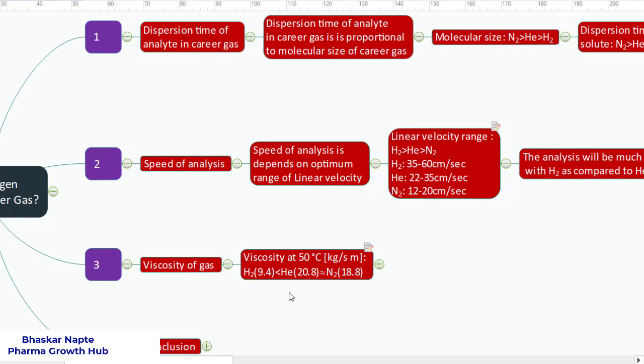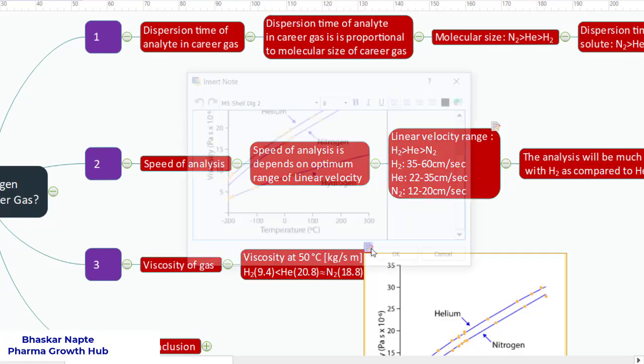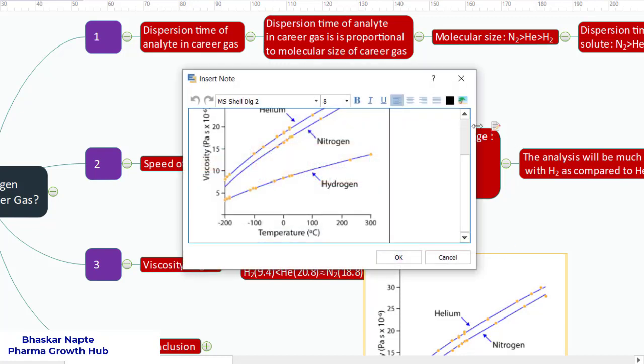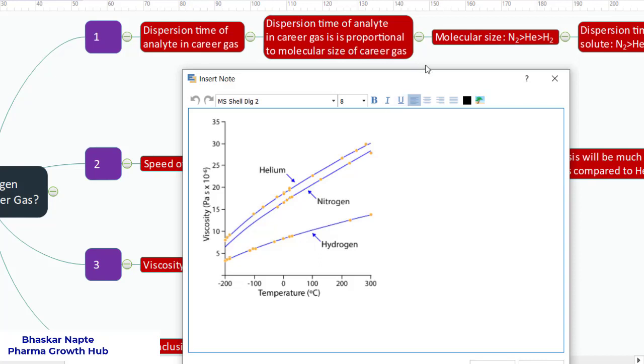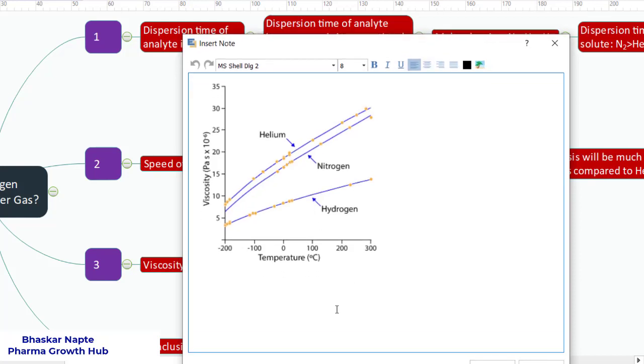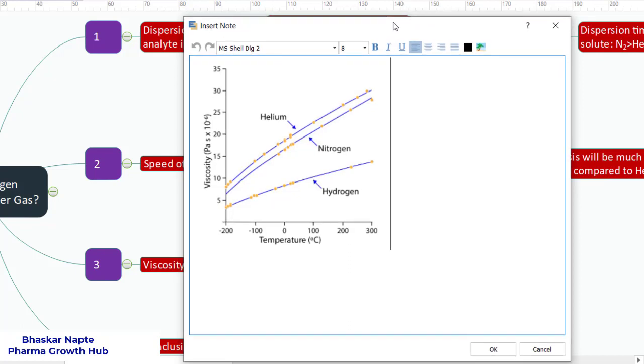But if you look at the viscosity of hydrogen, it is much lower, 9.4. So what is going to happen if the viscosity of the carrier gas is higher or lower, and the viscosity of the carrier gas again varies with the change in temperature.